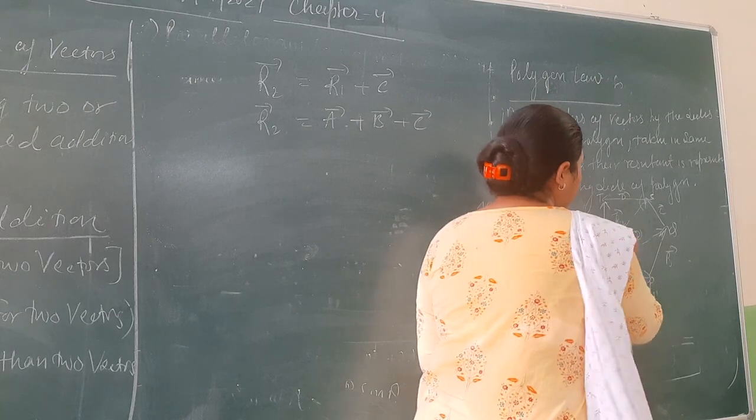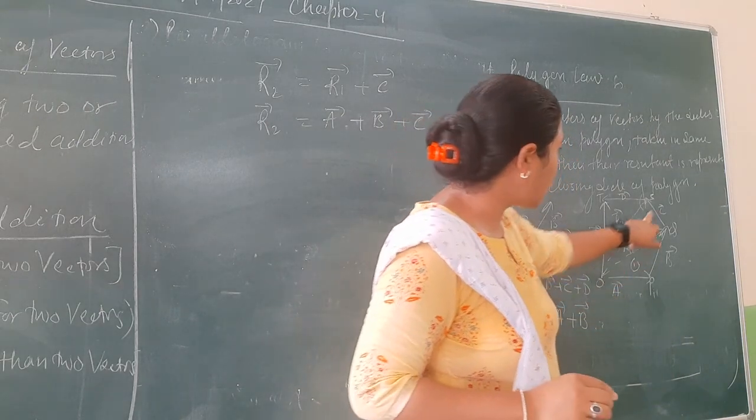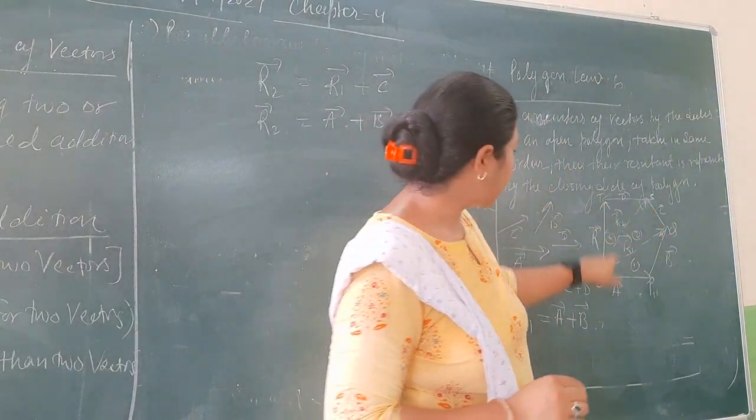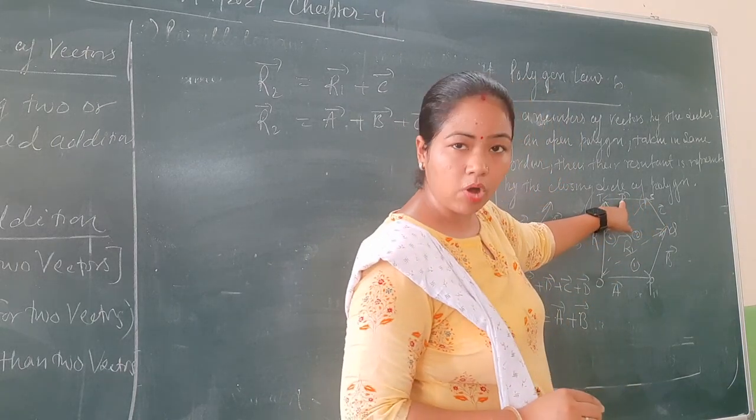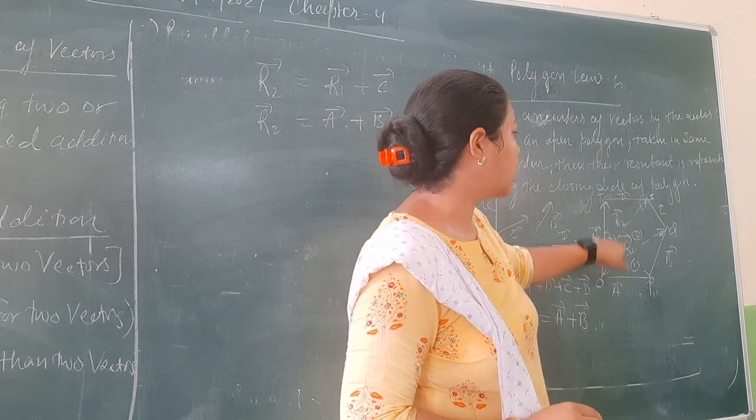Now we will see the next, third triangle, that is OST. In triangle OST, these two sides are in the same order and the third side R is in the opposite order.